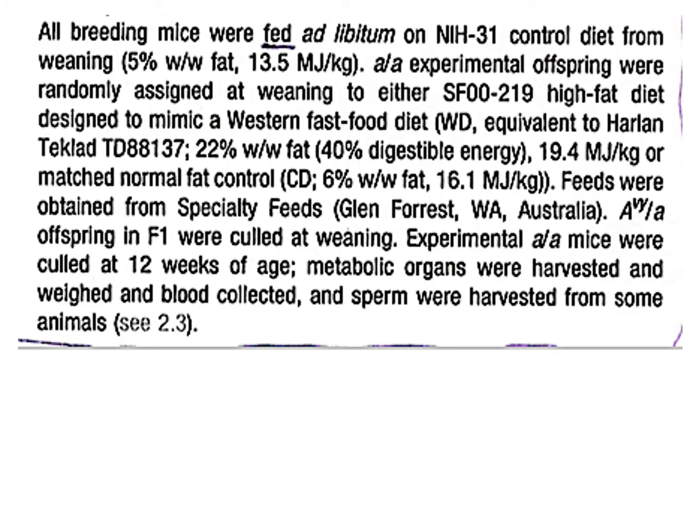Here I show you an example from a high-ranked article how in the experimental publication the feed and the feeding is given. All breeding mice were fed ad libitum on National Institute of Health 31 control diet from weaning, 5% weight per weight fat, 13.5 megajoule per kilogram.